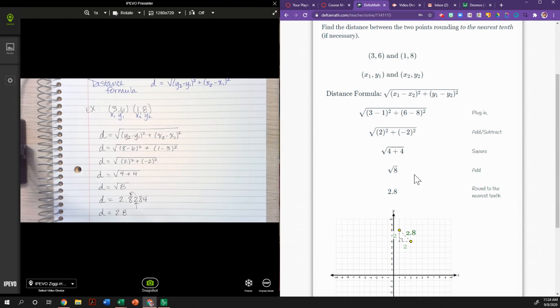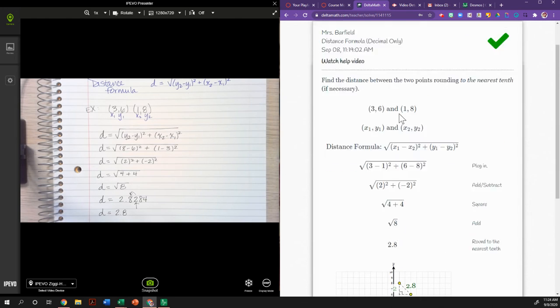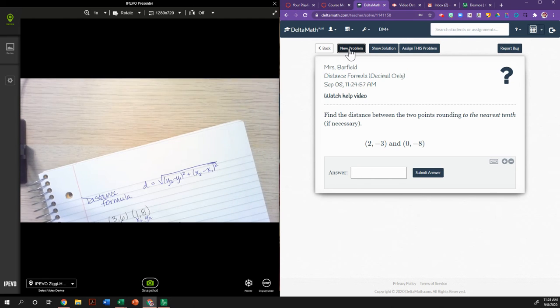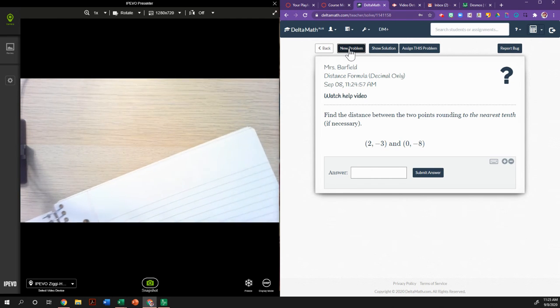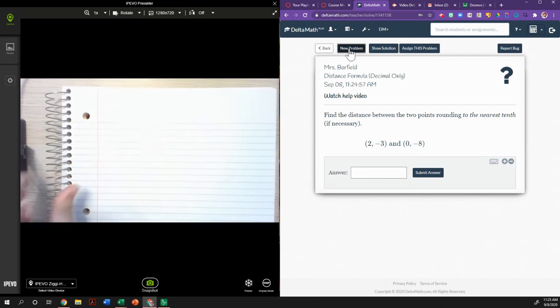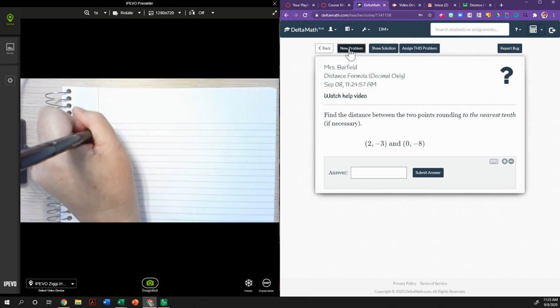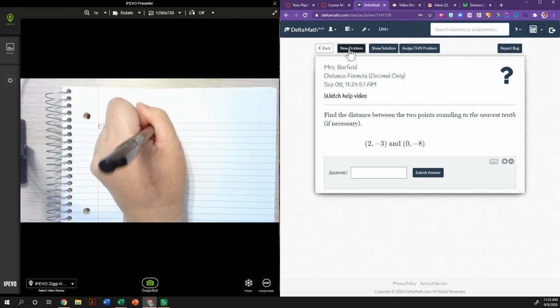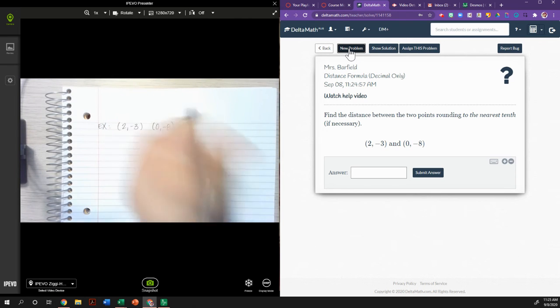So let's do another example. New problem. Find the distance between these 2 points. I have (2, -3) and (0, -8).